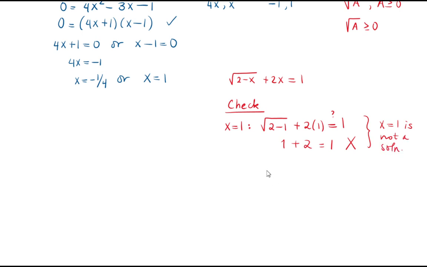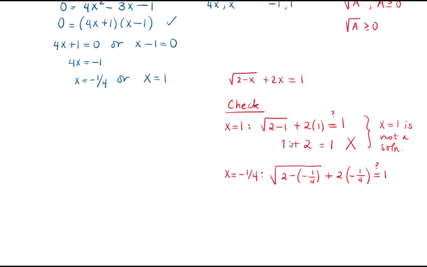Now in the other one, if you plug in x equals negative 1 over 4, you get radical 2 minus negative 1 over 4 plus 2 times negative 1 over 4. Is that equal to 1?